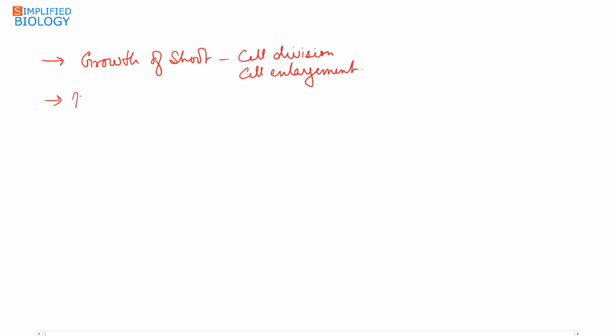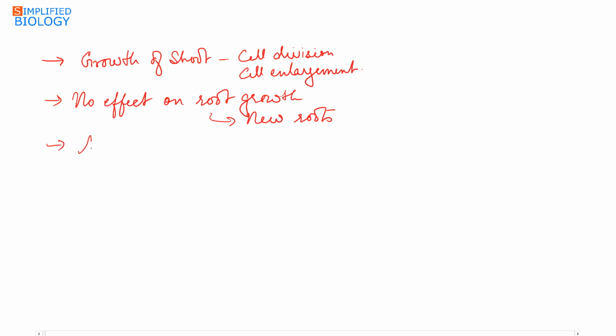It has no effect on root growth but forms new roots. It shows apical dominance, that is, the apical bud prevents the growth of lateral bud, and when the apical bud is removed, a bushy plant can be formed.